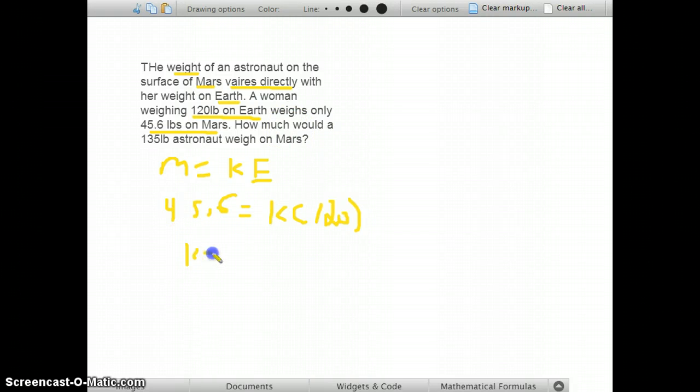So for k, the constant, we get k equals 0.38, correct? So from this we can say that M equals kE.